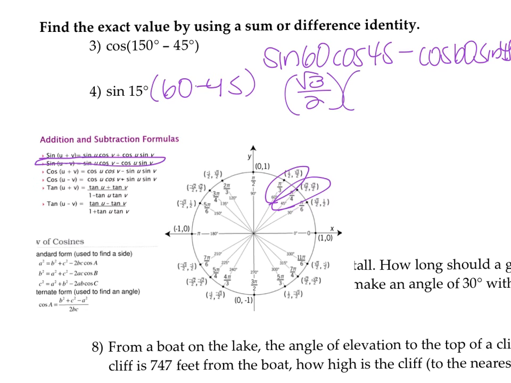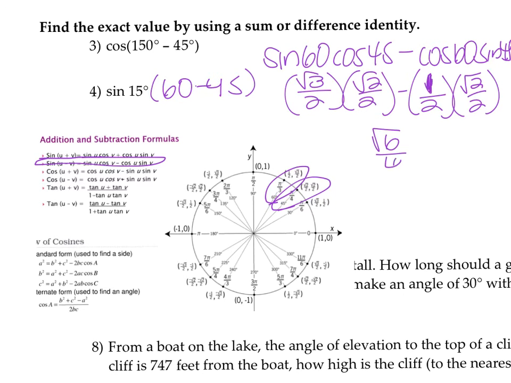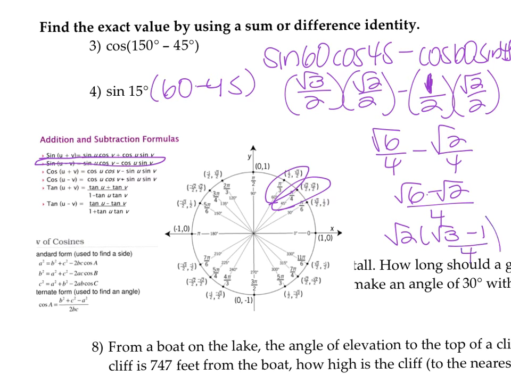The cosine of 45 is root 2 over 2. Cosine of 60 is the x of 60, which is 1/2, and the sine of 45, which is root 2 over 2. So I'd get root 6 over 4 minus root 2 over 4, root 6 minus root 2 over 4. And again, take out that root 2, and you get root 2 times root 3 minus 1 over 4.